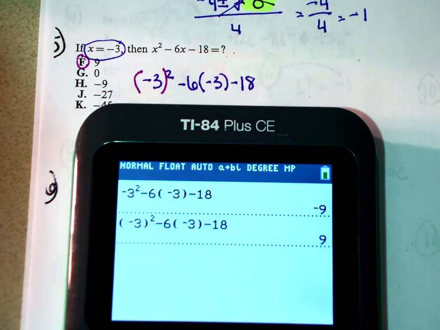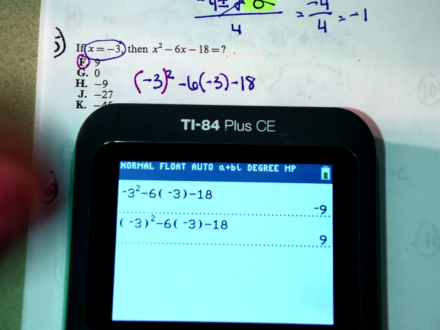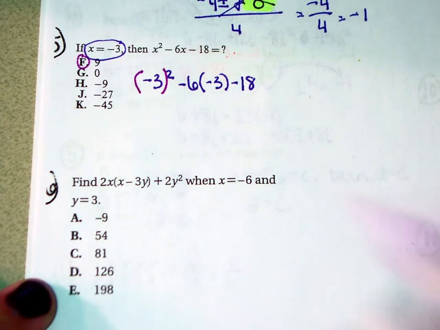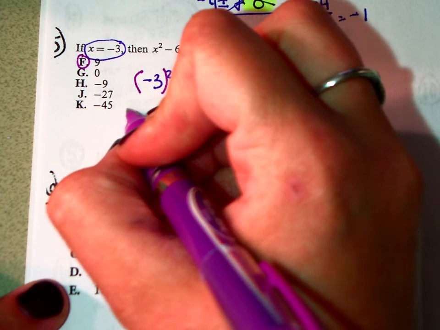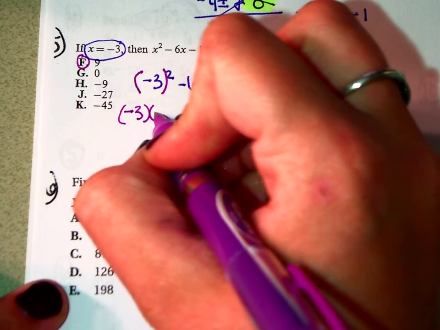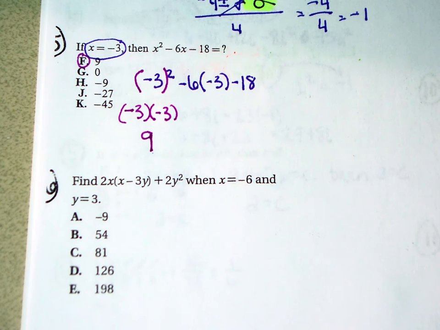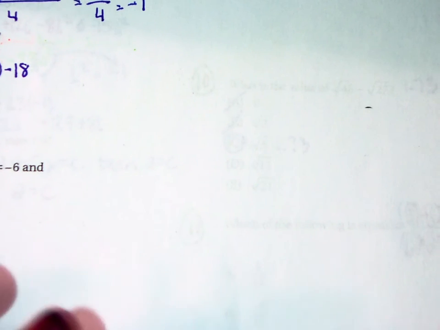Now, the ACT is banking on the fact that you don't put parentheses. The reason you want to put parentheses is because you're doing negative 3 times negative 3, which is positive 9. Your calculator is doing negative 9. Because if you don't put the parentheses, so I'm just going to do a side note.